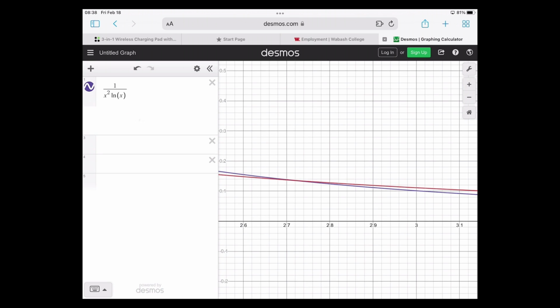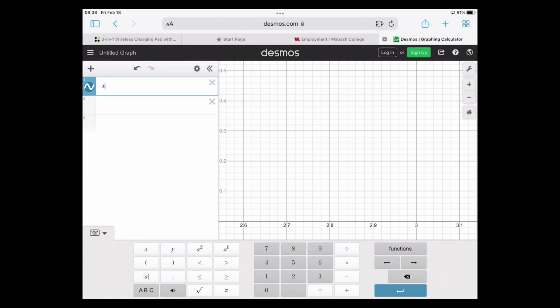Let's graph both of these things. All right, so what was our original function, x cubed? Where's the exponentiator here? Huh? Oh, there it is. So we got x cubed, and then what was our tangent line equation?